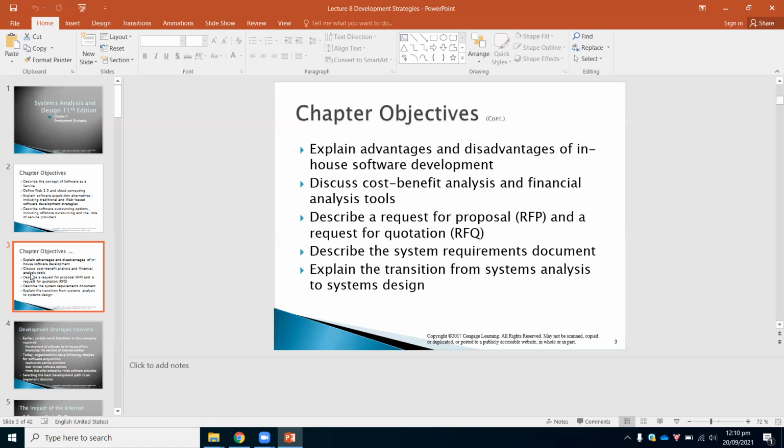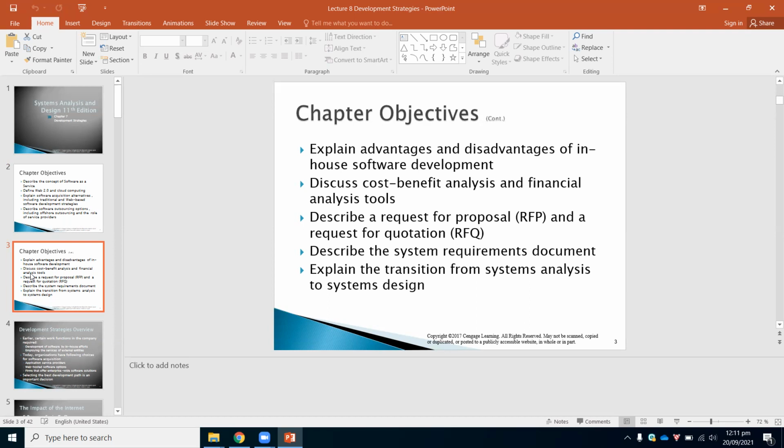We'll also discuss cost benefit analysis and financial analysis tools. CBA is cost benefit analysis and FAT is financial analysis tools. We'll look at them theoretically first, and with it come calculations. We will begin the calculation part in two weeks' time, because this week and next week, weeks 9 and 10, I'm dedicating to use cases.